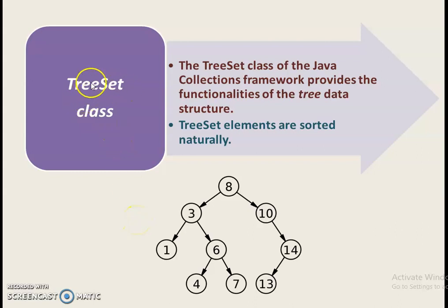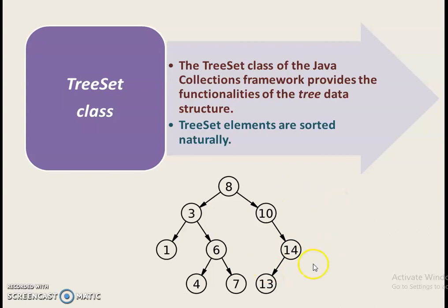When we talk about the TreeSet class, it provides the functionality of the tree data structure. When we say tree data structure, it means it stores the elements in a tree structure. Here you can see we have a tree type of structure and numbers are stored in this tree.